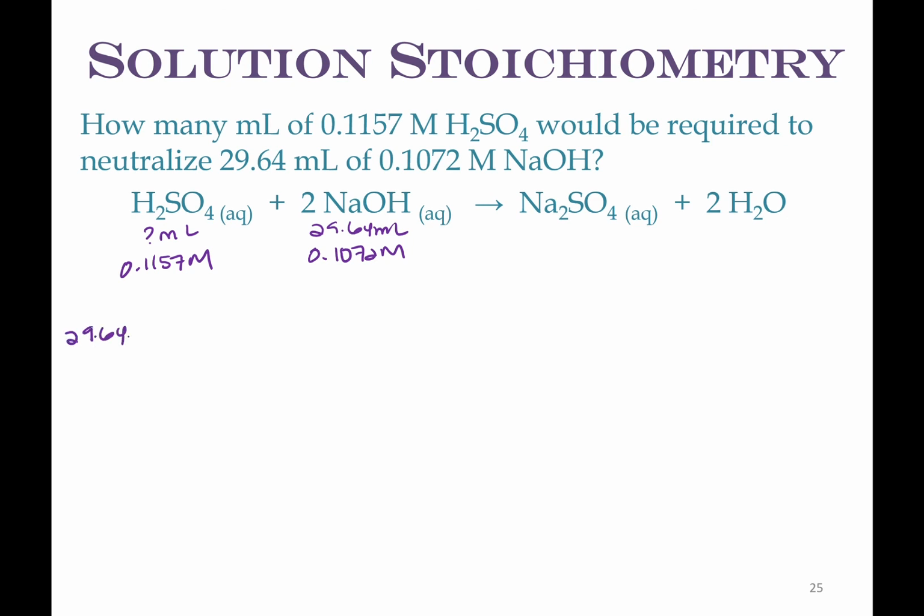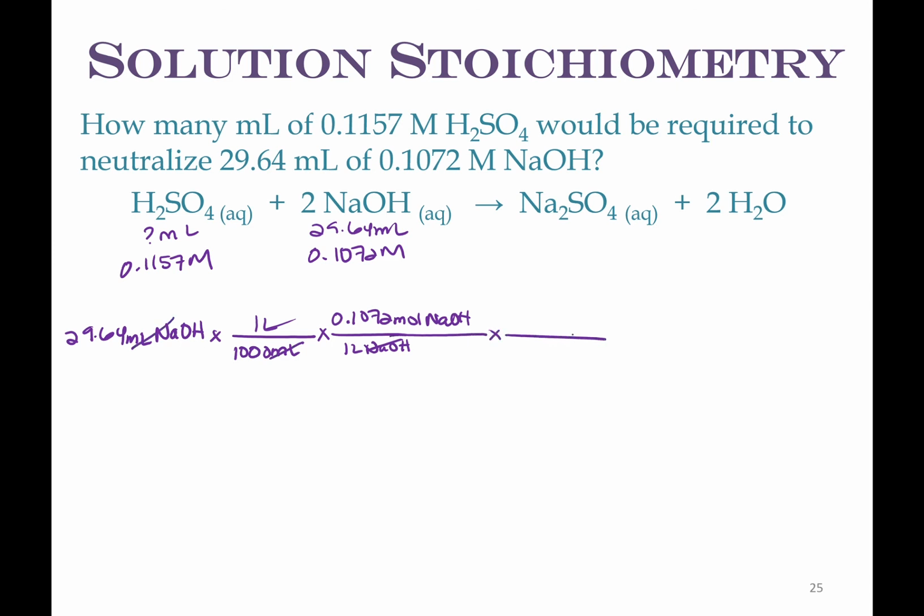29.64 milliliters of sodium hydroxide, 1,000 milliliters for 1 liter, and every 1 liter of sodium hydroxide, in this case, has 0.1072 moles of sodium hydroxide. Now we're in moles.